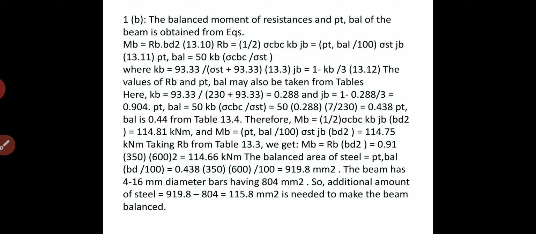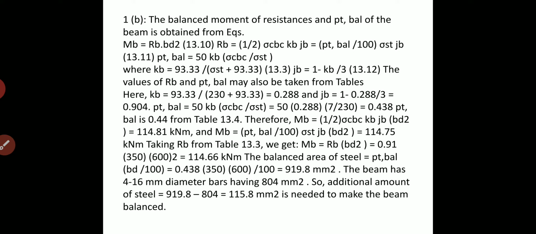PT balance equal to 50 KB sigma CBC upon sigma ST, where KB equal to 93.33 upon sigma ST plus 93.33. JB equal to 1 minus KB divided by 3. The value of RB and PT balance may also be taken from tables.